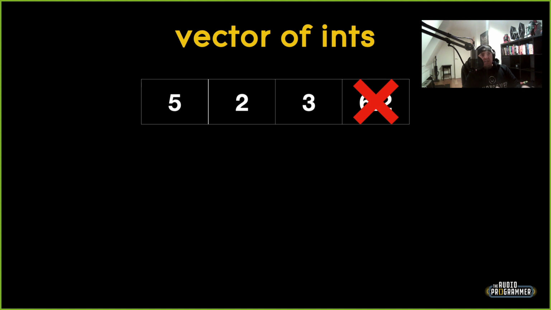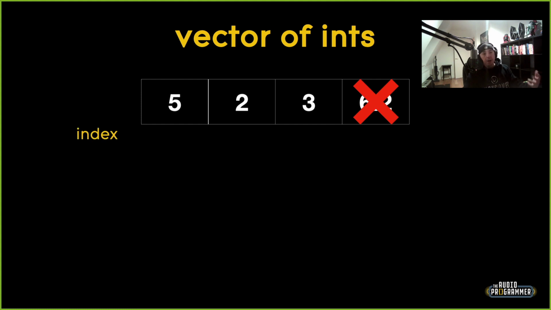Now, we need some way to get the value back from this vector. So once again, it's a container, right? So it's all these numbers that we've thrown into a box, and we need some way to say, okay, well, what's the first element of this vector? So we have this thing that's called an index.